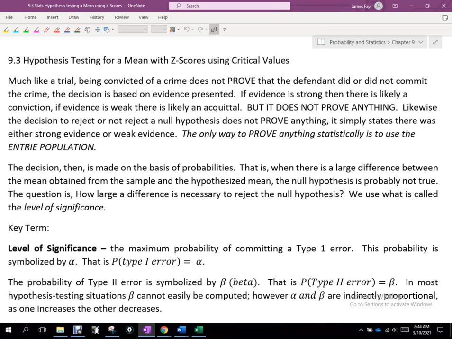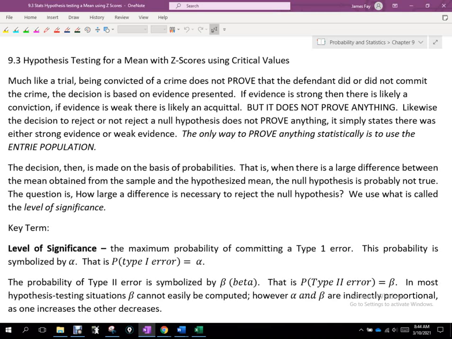Everybody at the time was certain that he committed that crime, okay? But because of evidence, he was not proven guilty. The same thing happens with hypothesis testing.